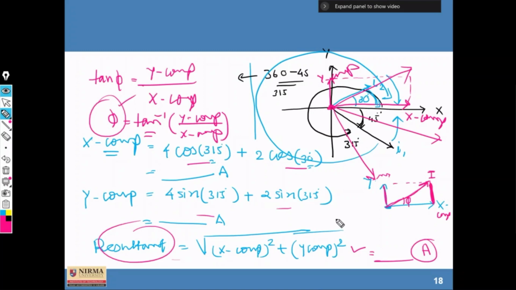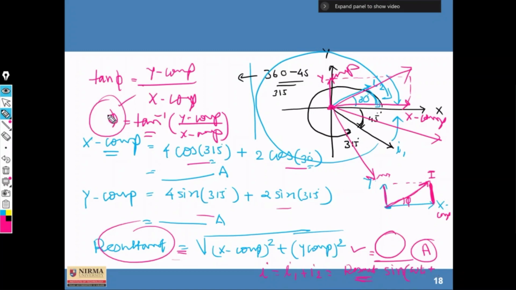And finally, if you find the resultant, then you can find the current I equal to I1 plus I2, which is equal to the resultant. Whatever the amount of current that you find through the resultant, then you can write sin omega t.